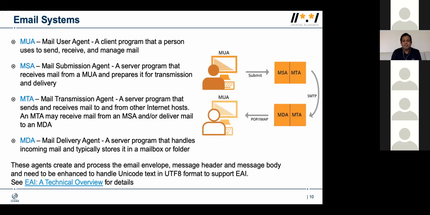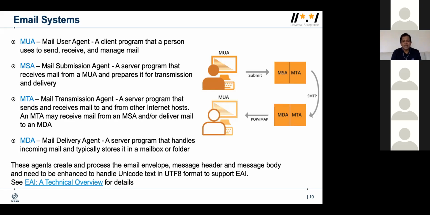And then MTA is the function that looks at where the mail should be delivered, and then looks at DNS and sees what are the mail servers, the host names, and then delivers on those host names. And sometimes we could be delivering it to the receiving end itself, but sometimes this mail can also go through a number of MTAs in between as well.